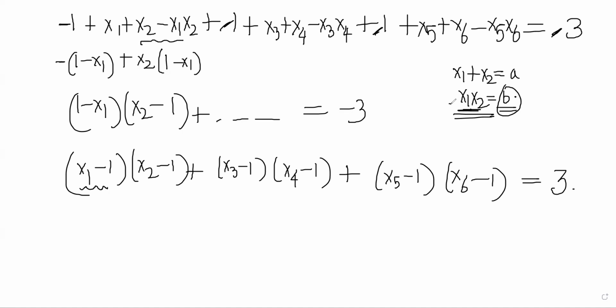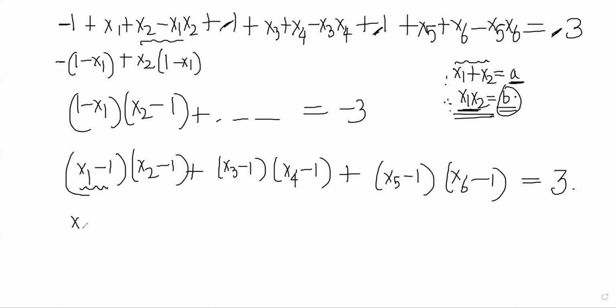And if both are negative, you cannot get the sum to be positive. So both x1 and x2 are positive. Similarly, you can say x3 and x4 are positive, x5 and x6 are positive. So actually all of these roots are positive integer roots.